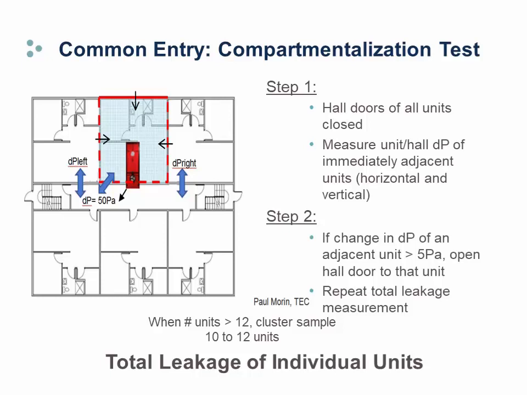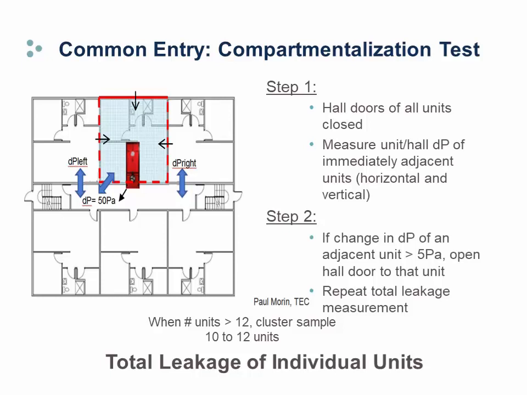The first test was compartmentalization, and as you remember, this test measures the entire leakage of a unit, both in and out. So therefore, most guidance suggests that adjacent unit doors are left open to relieve any pressure that may be built up in adjoining units. However, we actually wanted to see how much of a difference that makes.